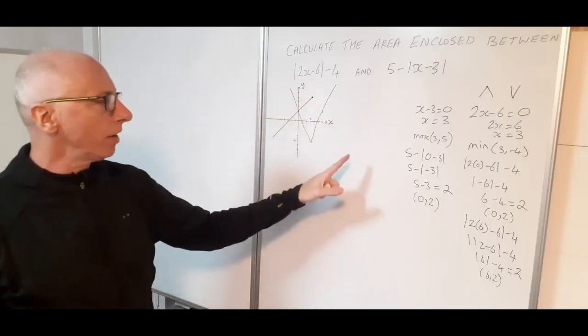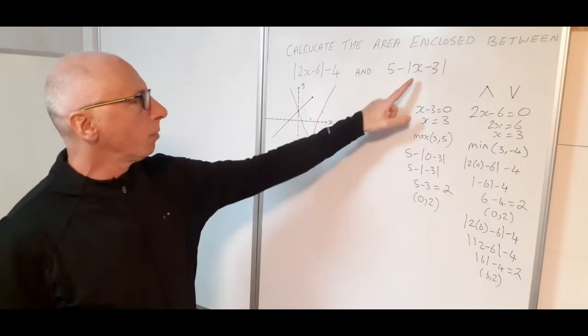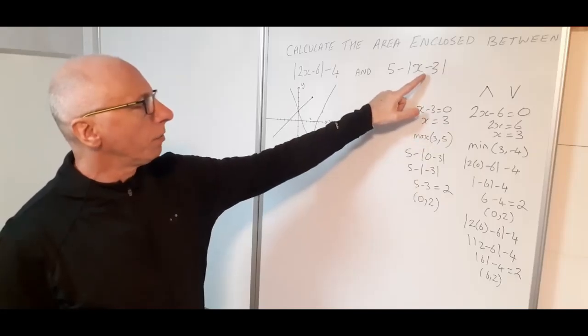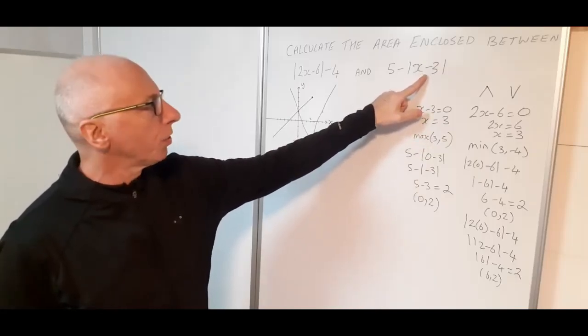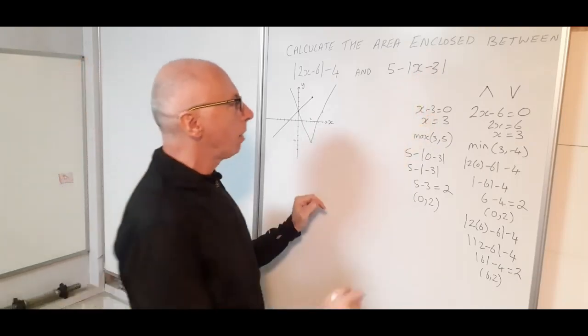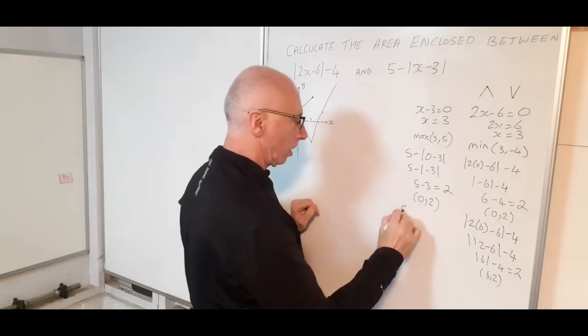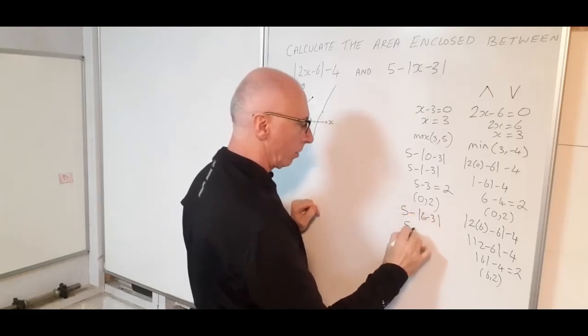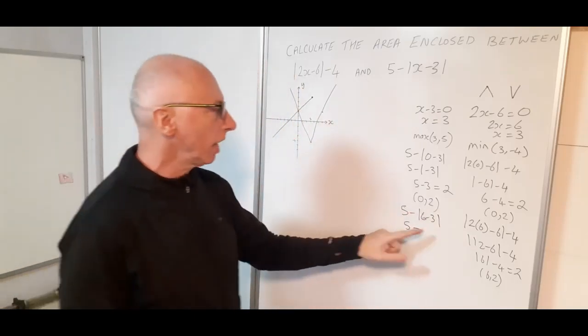And then in this direction, what do we have here? We have x minus 3, which gave us minus 3. So another version of that was when this becomes 3. Well, that becomes 3 when x is 6. So let's find out what happens when x is 6. So we've got 5 minus the modulus of 6 minus 3. So that becomes 5 minus 3 in the absolute value.